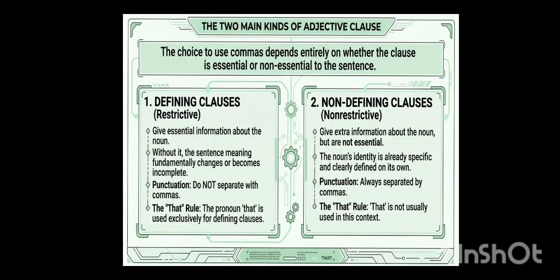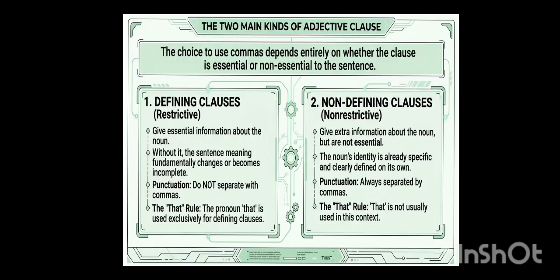Okay, and the second type of adjective clauses here is non-defining clauses, or we can call it non-restrictive. These just give extra information. The identity of the noun is already clear. If we delete the clause, the sentence still makes perfect sense, okay?